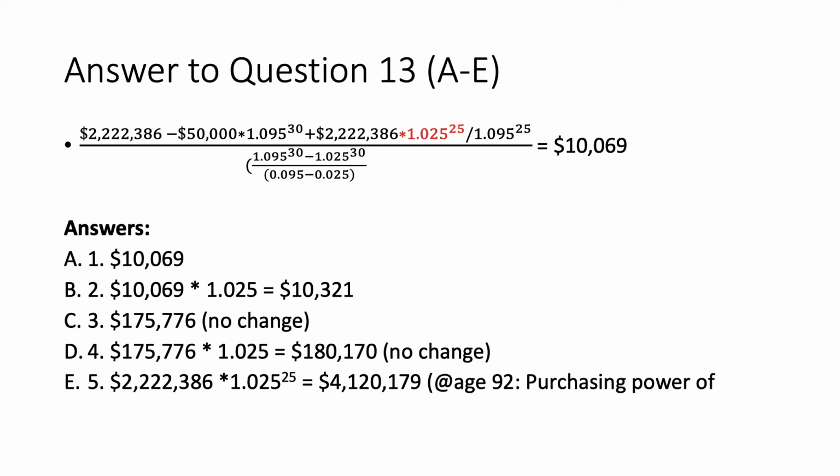At the end of the period, he has 4.12 million. That's quite a bit more than 2.2 million. So he's preserved the purchasing power of his 2.2 million at retirement, because when he's 92, at the end of the retirement life expectancy, he'll have 4.1 million.